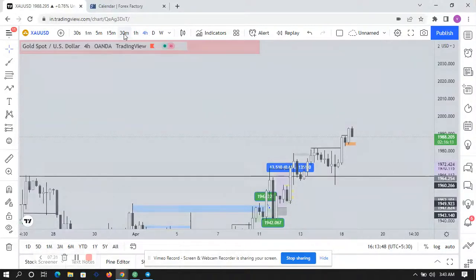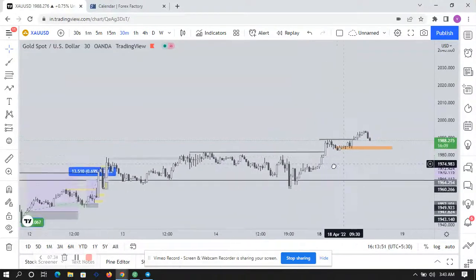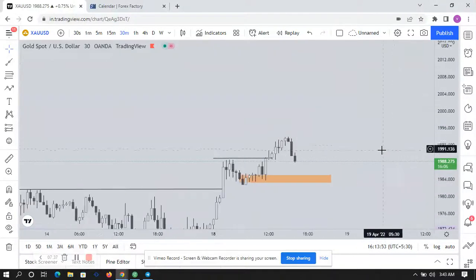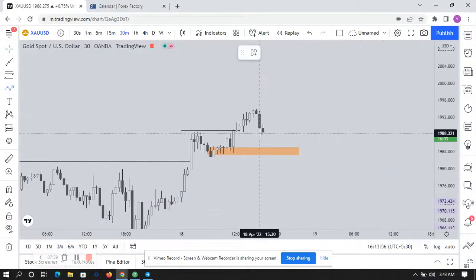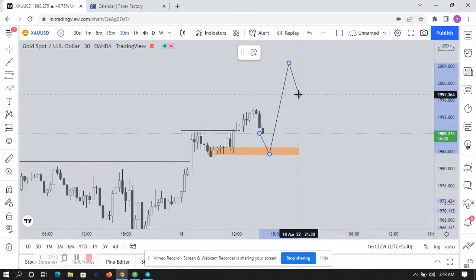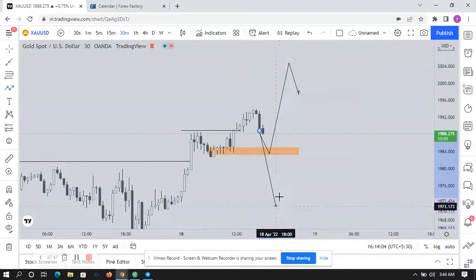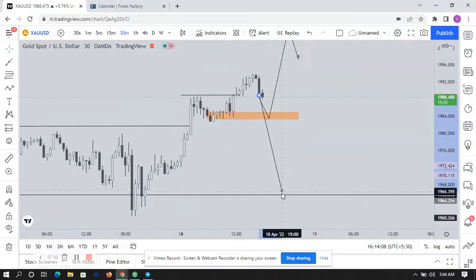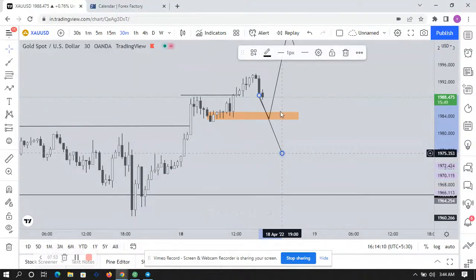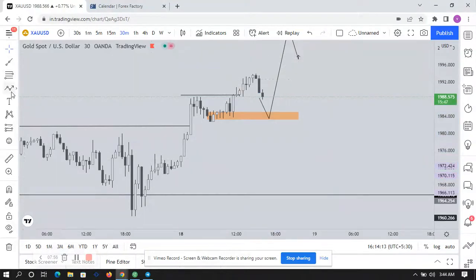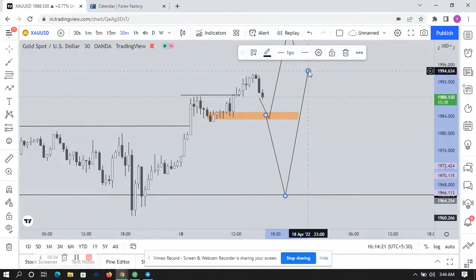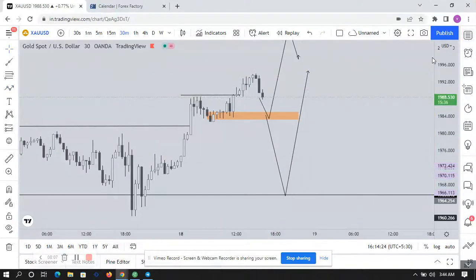My projection right here is on the 30 minute time frame, that we could have the price retest this OB right here in gold for longs, or we could have this broken and test back down here before going long. So those are my two projections on gold, either from 1984 or we go back down to 1965 before going bullish again. So those are the two pairs I'm looking into today.